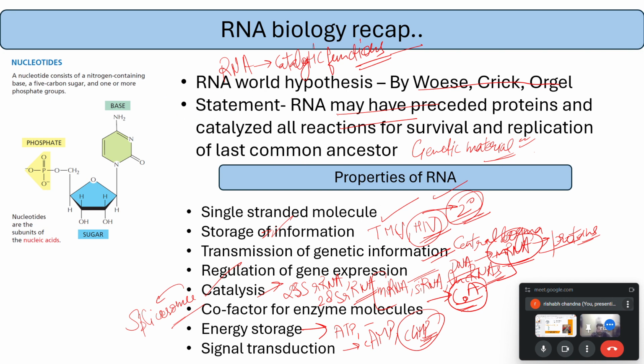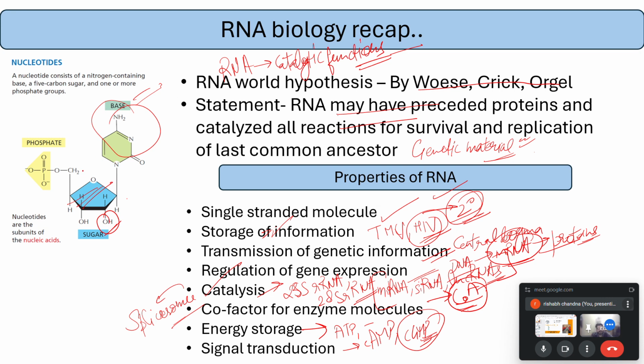Coming back to what we discussed about nucleotides, RNA being a polynucleotide, it is a polymer of nucleotides. A nucleotide has a nitrogenous base attached to a pentose sugar, and in terms of sugar, it has the 2' OH group, which is a characteristic of RNA and makes it more reactive.